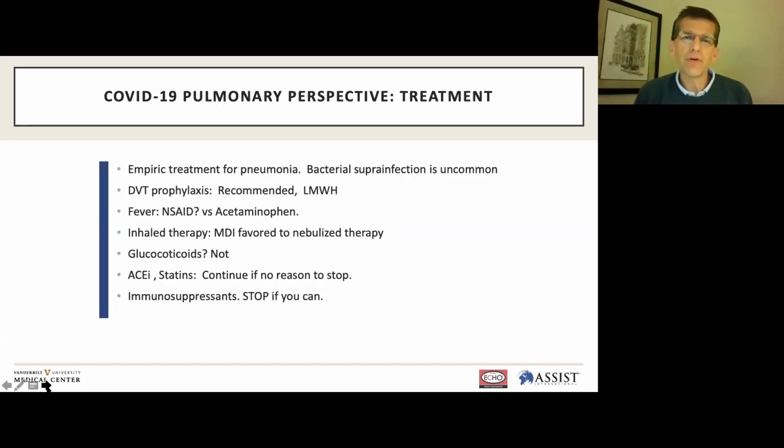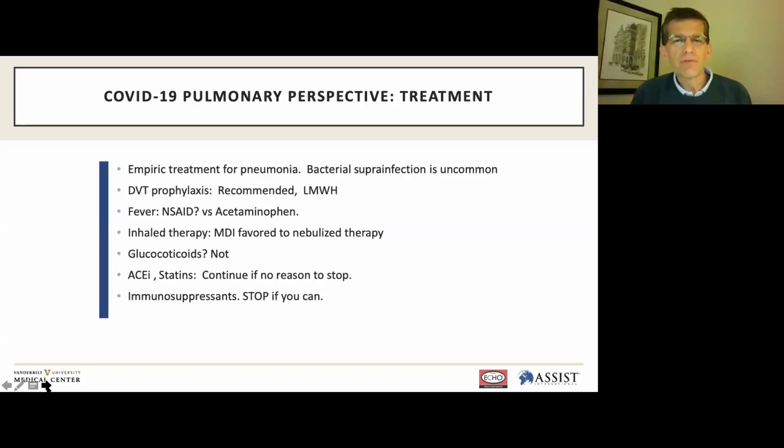We prefer metered dose inhalation as opposed to nebulized therapy to avoid contamination with droplets and propagation of droplets in the air and surrounding the patient. Remember that droplets can be visible in case they're loaded and they're big, but they can also be microscopic, not visible, and yet inhaled and infectious.